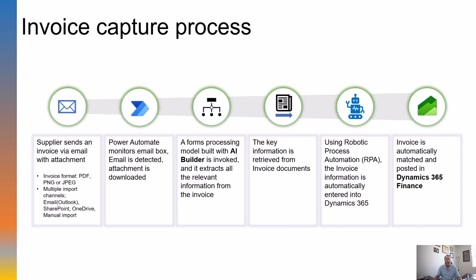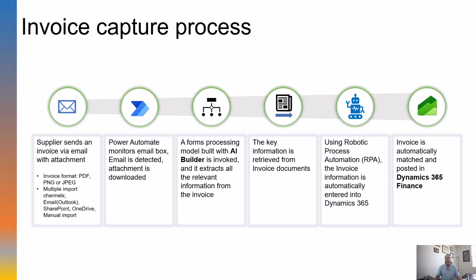But you're going to have those invoices come into one of the channels where Power Automate, part of the Power Platform, is going to pick this up, detect that there's an attachment that it needs to look at, and ship that off to the forms processing model that's part of AI Builder, where it's going to be able to look at that key information and extract it out of that document, even if there's lines and even if every invoice is not formatted exactly the same.